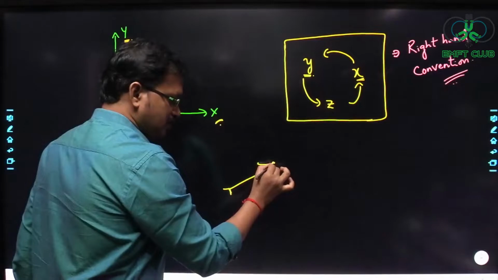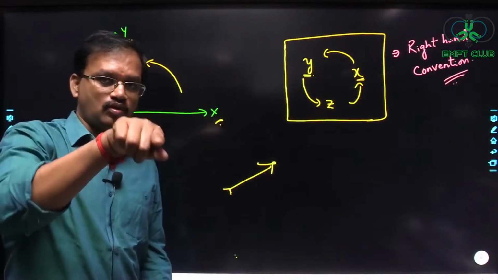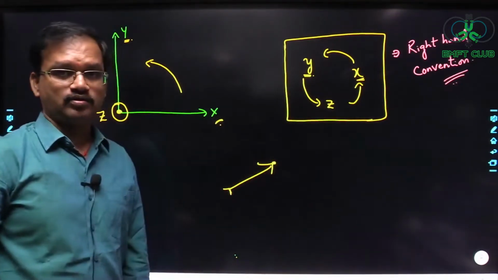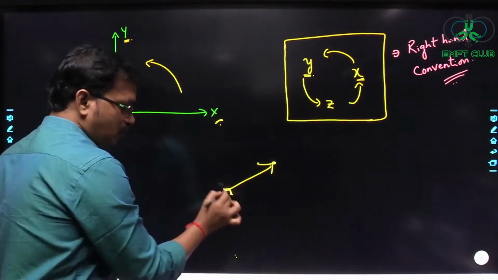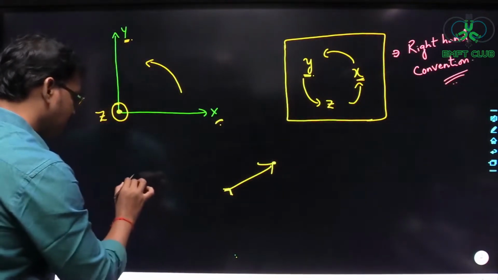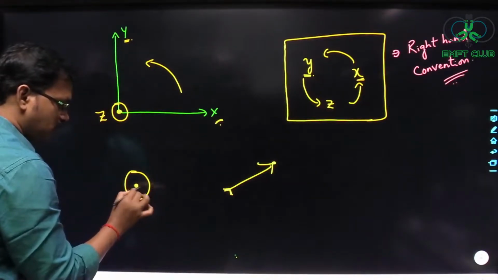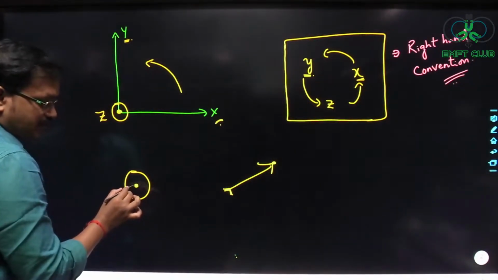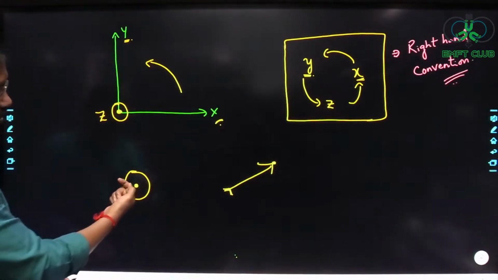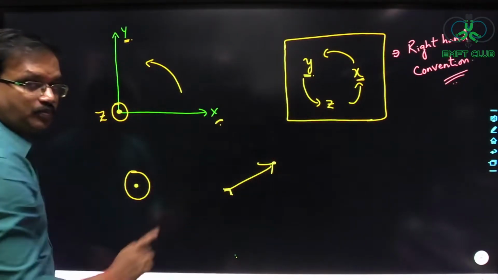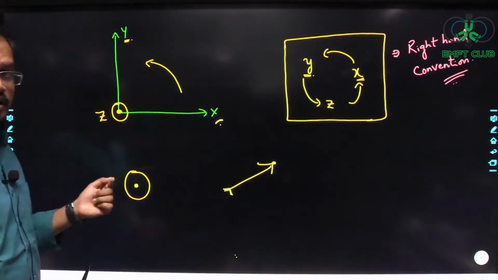You are going to see the tip of the arrow, that is, a dot. If the arrow is coming towards you, you see the tip. So a dot enclosed by a circle represents a vector pointing out of the board, the arrow coming out of the board.